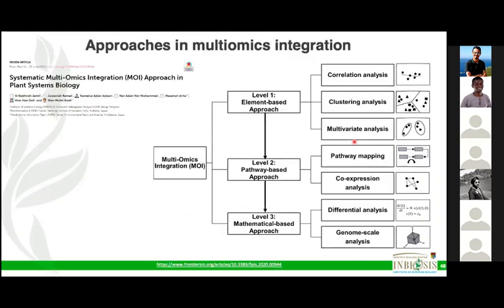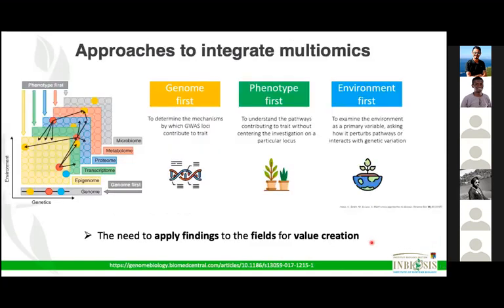And there are various approaches for multi-omics integration, either at the elemental level, pathway, or mathematical base. So you can have the correlation between gene expression and protein expression up until genome scale analysis. And from a field application point of view, there's either genome first, phenotype first, or environment first, depending on the purpose of the study. If you are gene-centric, then it's known as genome first, to identify the GWAS loci.